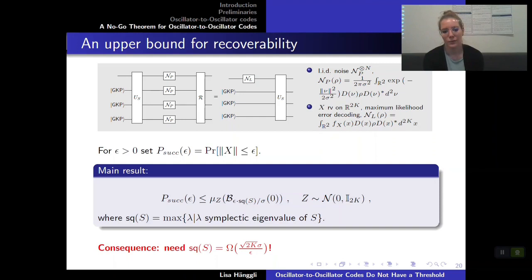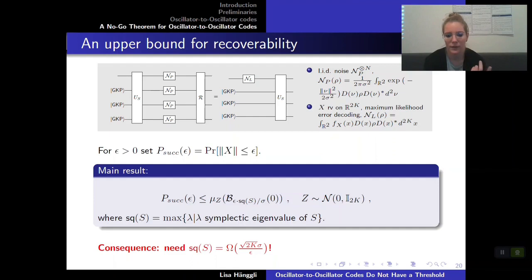So one thing to mention here is that this result is, of course, established for maximum likelihood error decoding, as I said. So this decoding aims to find the most likely error that fits with the error syndrome given the error distribution. But we cannot exclude the possibility that other decoding strategies, in particular maximum likelihood error coset decoding, could possibly yield better results.